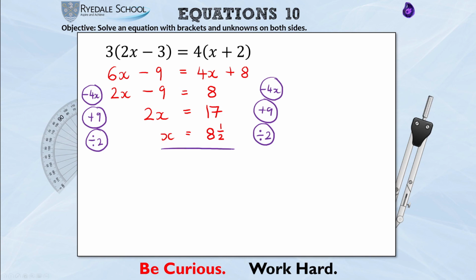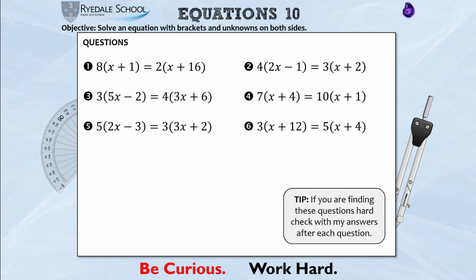So reminder again, look at the layout. This is how it should appear in your book today, please. No final answers, all the steps written down, communicated with a different colour. I'm only asking you to do 6 of these. Why? Because they are long and they are tough.